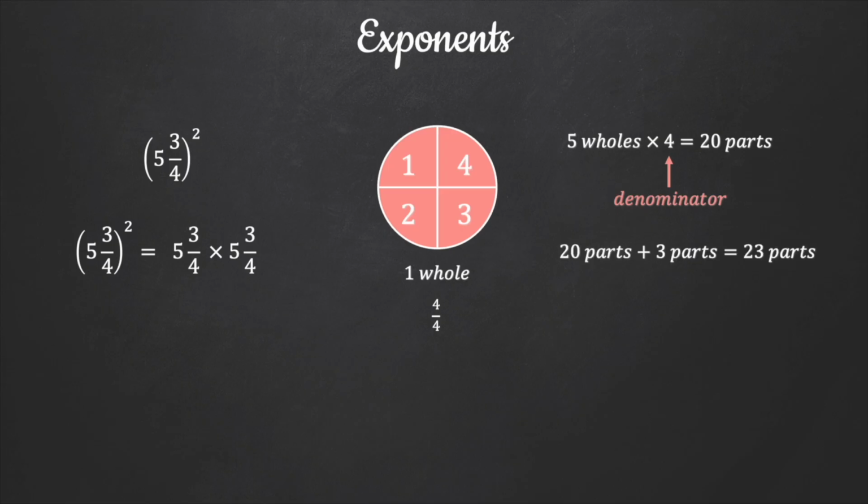Then we're going to take these 20 parts and add 3 parts. And that's because we have 5 wholes and 3/4. So we have those 3 additional parts that have yet to make a whole. So 20 parts plus 3 is equal to 23 parts. So that means that 5 3/4 is equal to 23 out of 4.